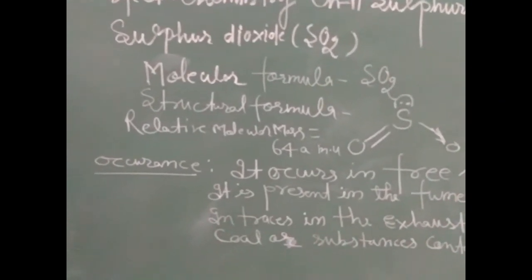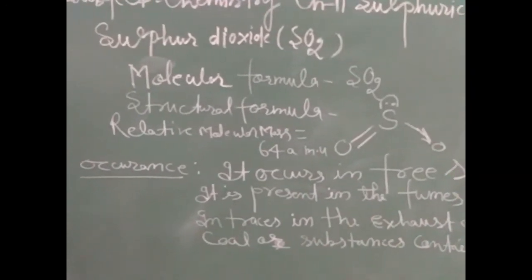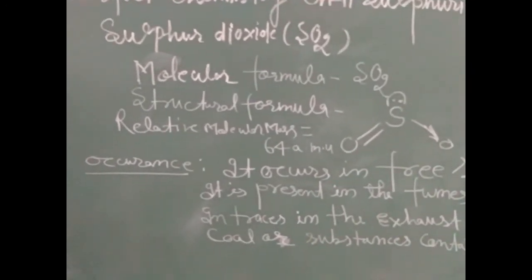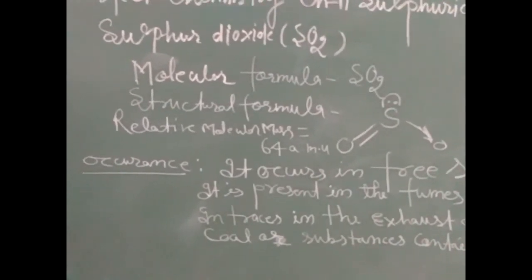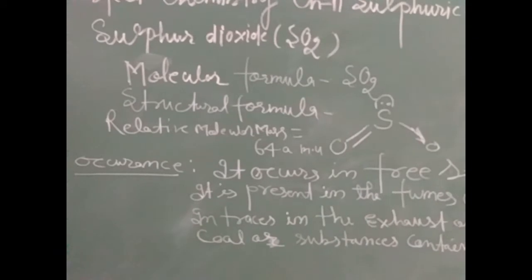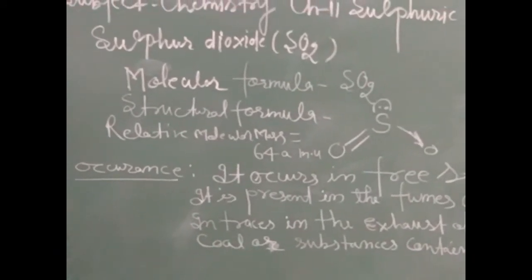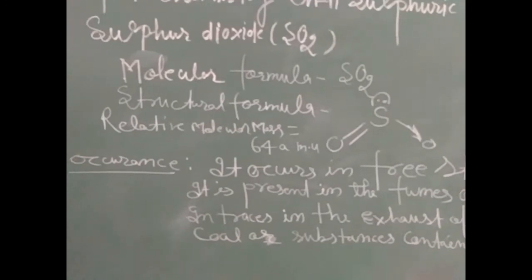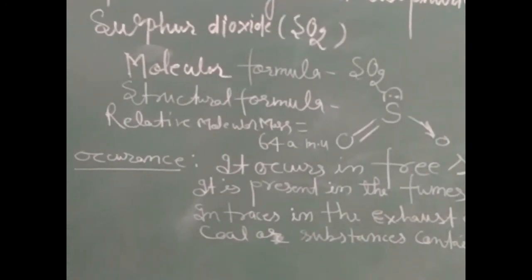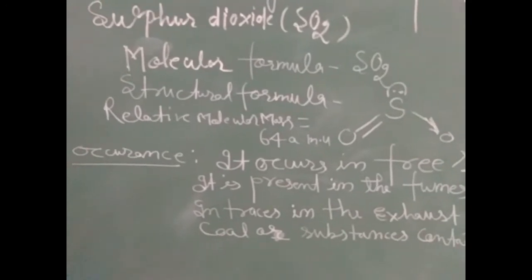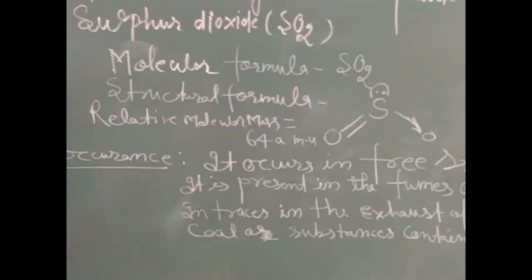As we know, the molecular formula of sulfur dioxide is SO2, and in its structural formula, one oxygen is bonded with a double covalent bond, and the other oxygen is bonded with sulfur with a coordinate bond, and there is one lone pair of electrons. The relative molecular mass of sulfur dioxide is 64 amu, that is atomic mass unit.